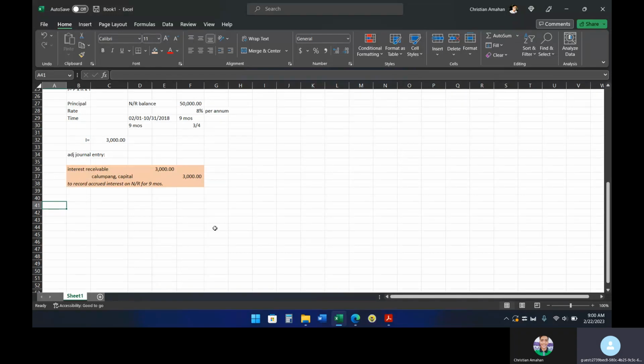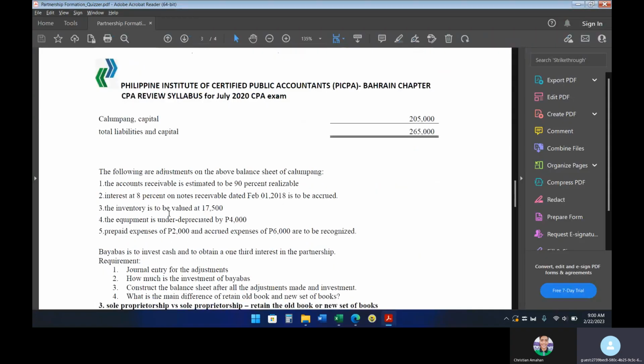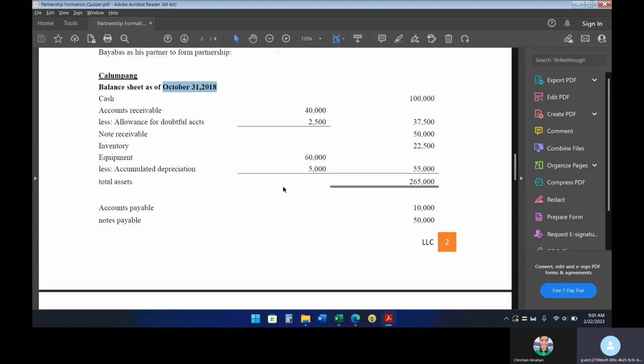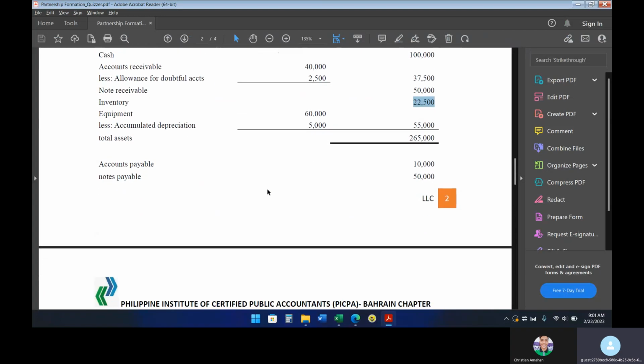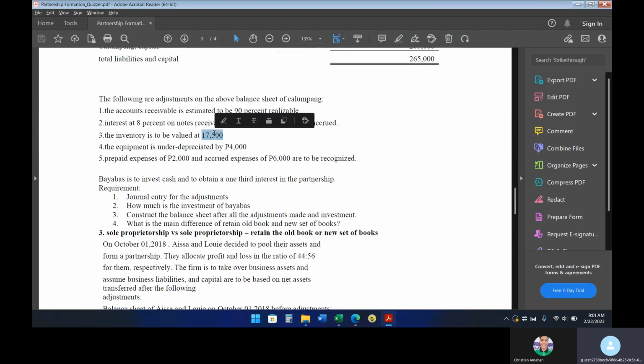Okay, so let us now go to adjustment transaction number 3. Number 3 is quite simple. As of October 31, the balance of partner Kalumpang's inventory is at 22,500. But based on their agreement, their valuation for its fair market value, instead of 22,500, the balance is supposedly 17,500 pesos.